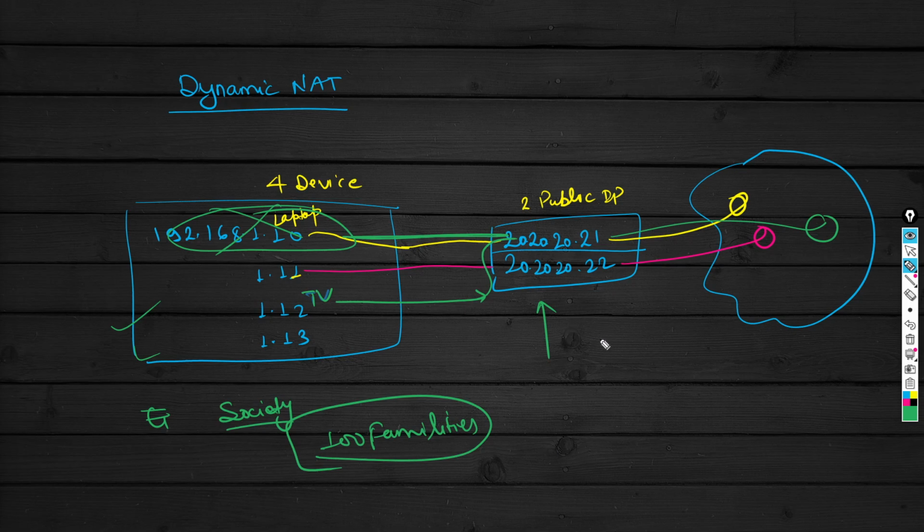We can solve it within a single public IP address for 100 families. That solution comes with PAT. We cannot afford to provide one public IP address for each individual machine. The solution is PAT. Let's understand how that works and how you can save your IP addresses.